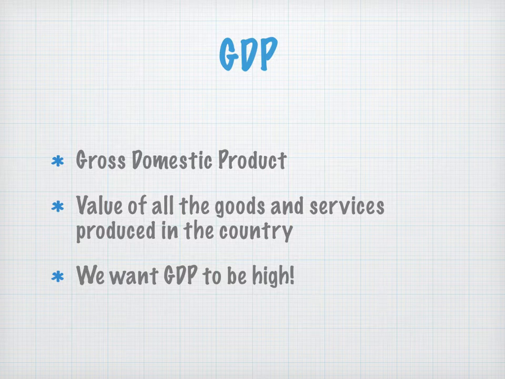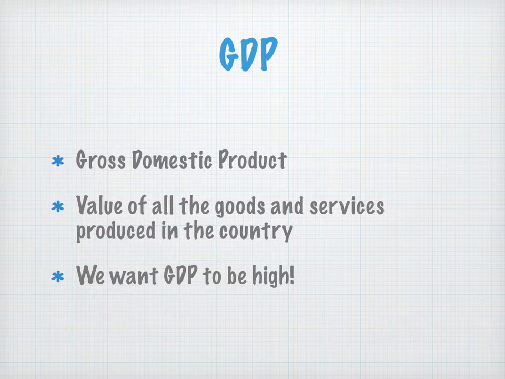We want GDP to be high, and the reason is, in the United States, we are a market-driven economy. That means that buyers tell sellers what we want to purchase. Manufacturers don't produce cars so that they will sit in a warehouse somewhere. Manufacturers produce cars because they anticipate that we're going to purchase those cars.